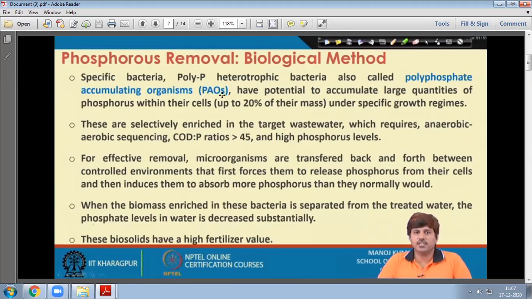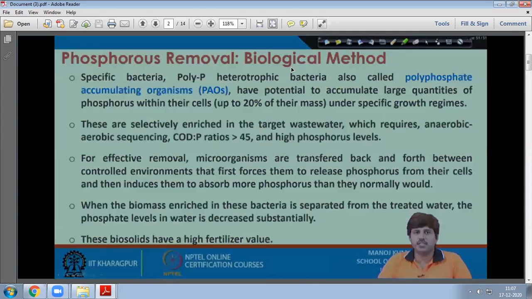Sometimes we call them PAOs, phosphate accumulating organisms, because they consume this phosphate and accumulate it in their cell. So that is how phosphorus is removed, one method actually, the biological method that I'm covering now. One more method you have, physical and chemical, I will do that after this.